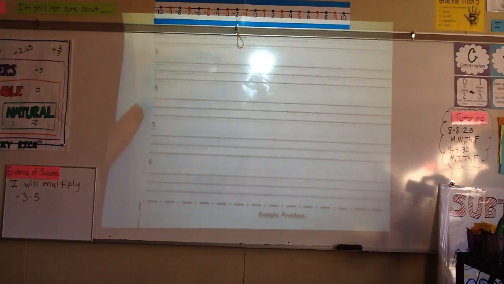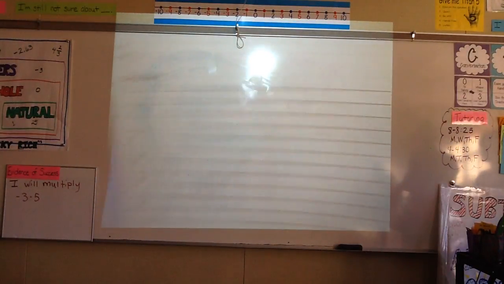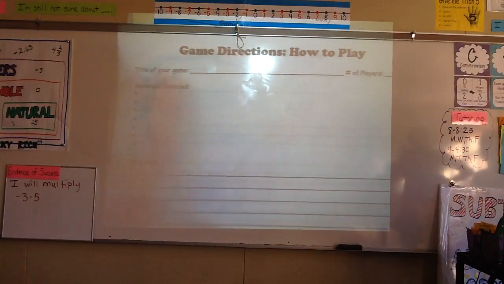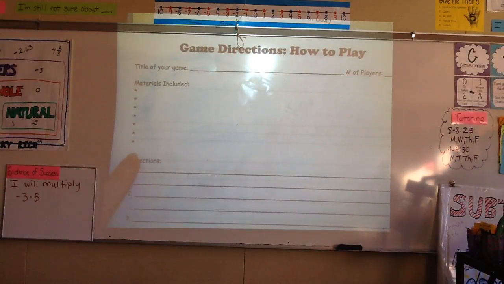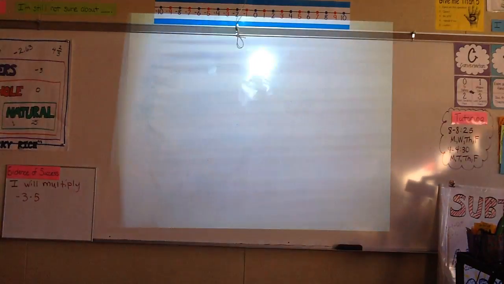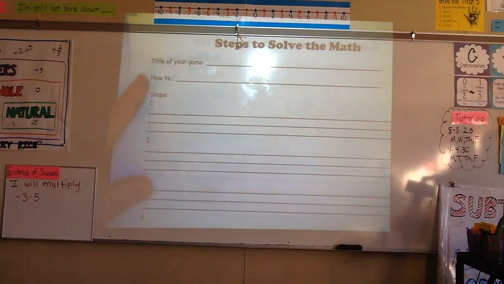Here's the title of your game, how many players, and the materials you're including. Here's where you would put the directions for how to play the game, and then make sure you tell them how to win.